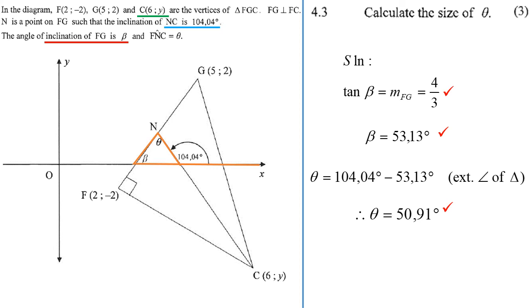I hope you understand. Let's take the last question, because this is a 12 marks kind of question. And 12 marks is a lot, ladies and gentlemen. You know how many percent of the examination paper 12 marks is?